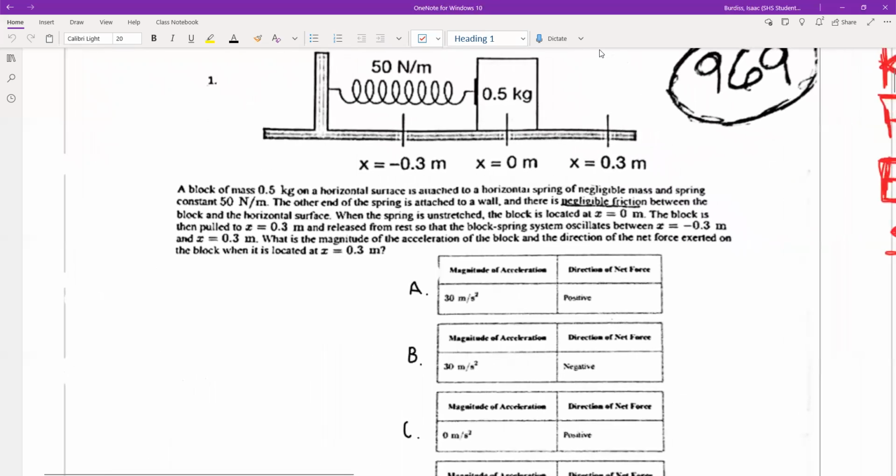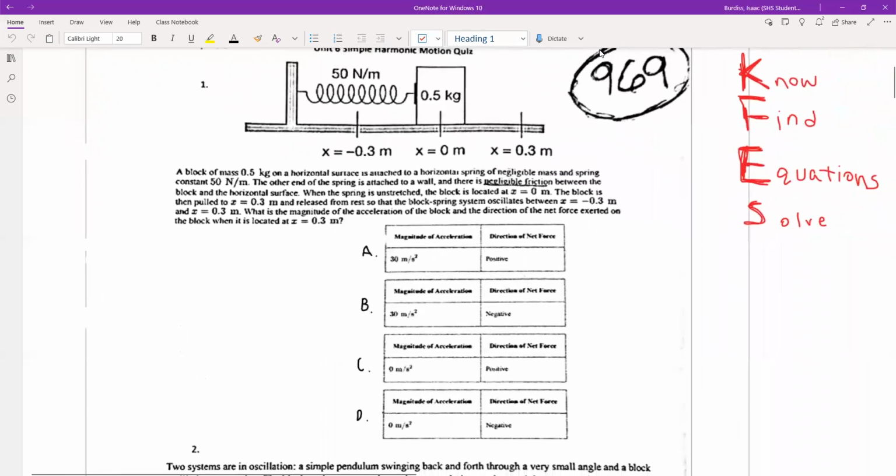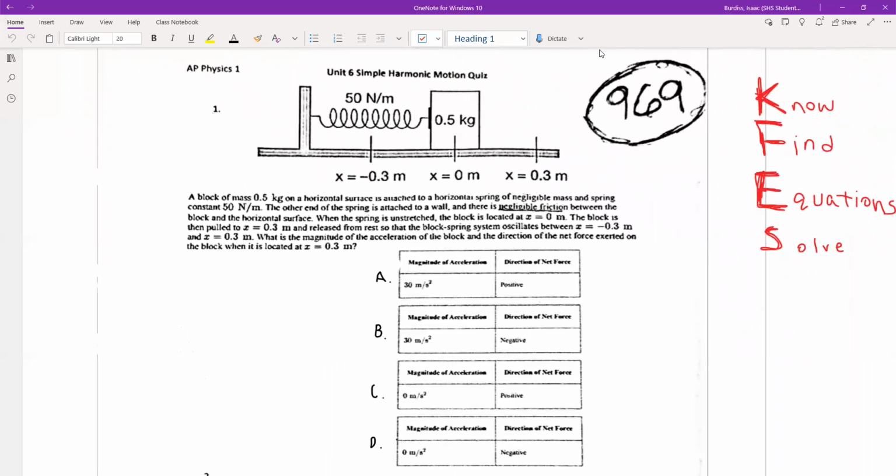So first question, we're going to read what it says. A block of mass 0.5 kilograms. So we write down that right away, since that's what we were told.